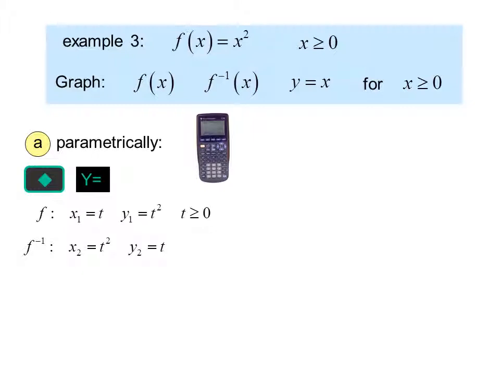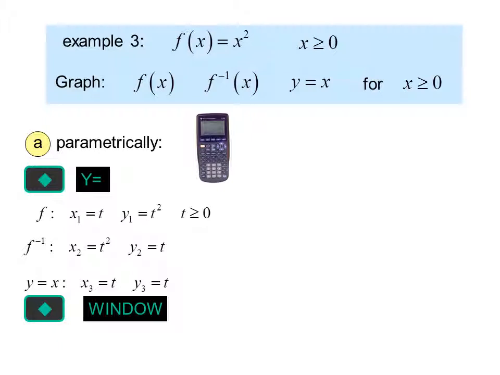For the inverse function, we enter x2 equals t squared, y2 equals t. And for the line, we enter y equals x as x3 equals t, y3 equals t.